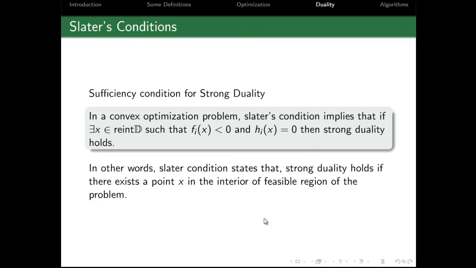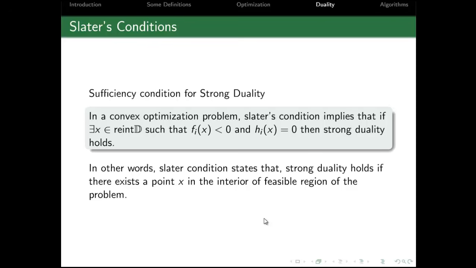We look at Slater's conditions, which give us conditions for a convex optimization problem to be strongly dual. Slater's condition states that for a convex optimization problem, if there exists an x that belongs to the relative interior of the domain such that f i of x is less than 0 and h of x is equal to 0, then strong duality holds.